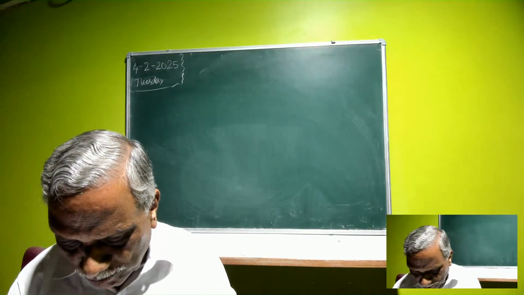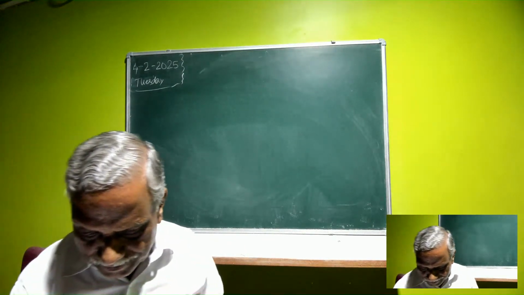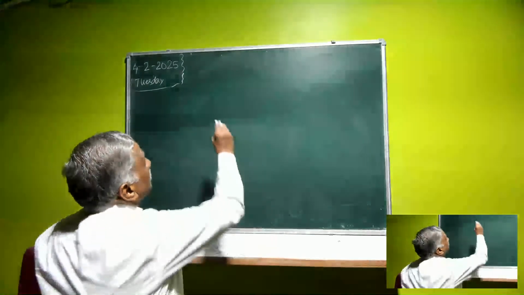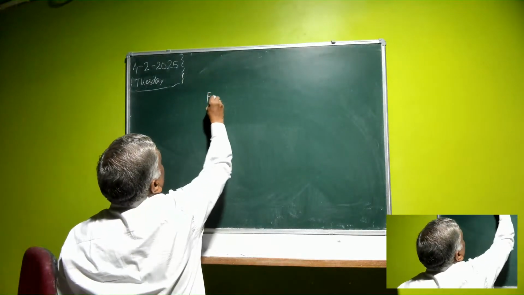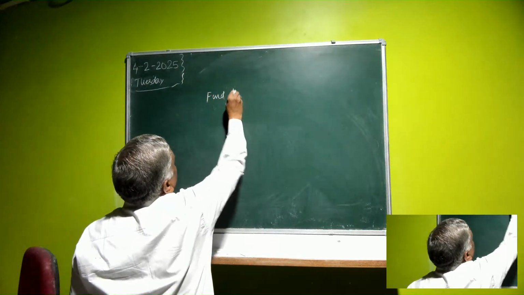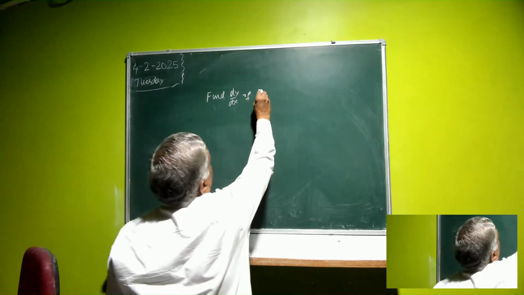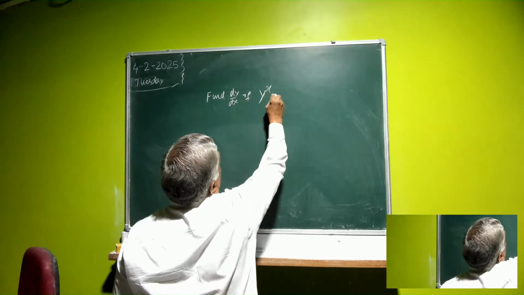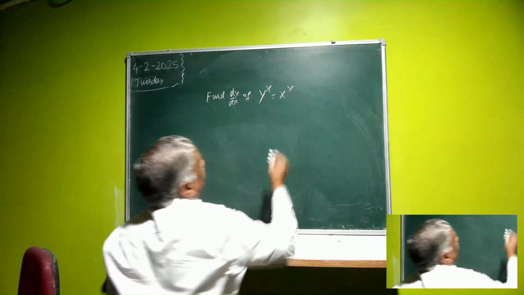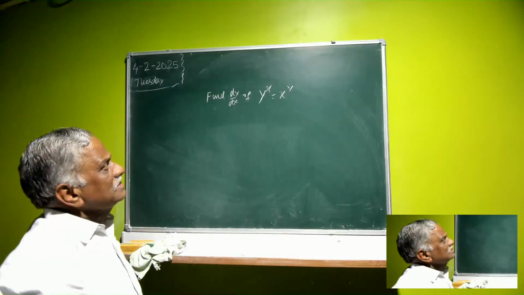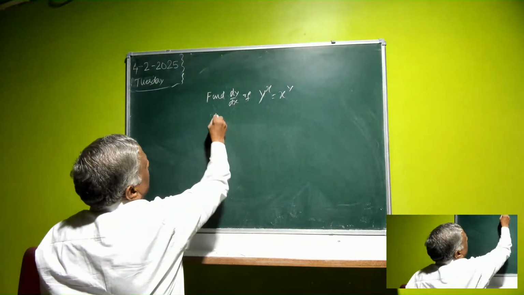The other type of problem they gave is: find dy by dx if y to the power of x is equal to x to the power of y. Very simple problem.